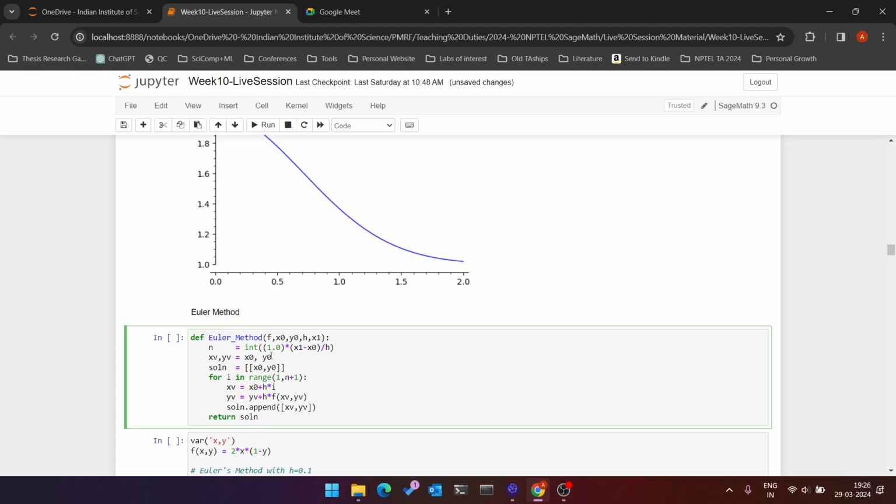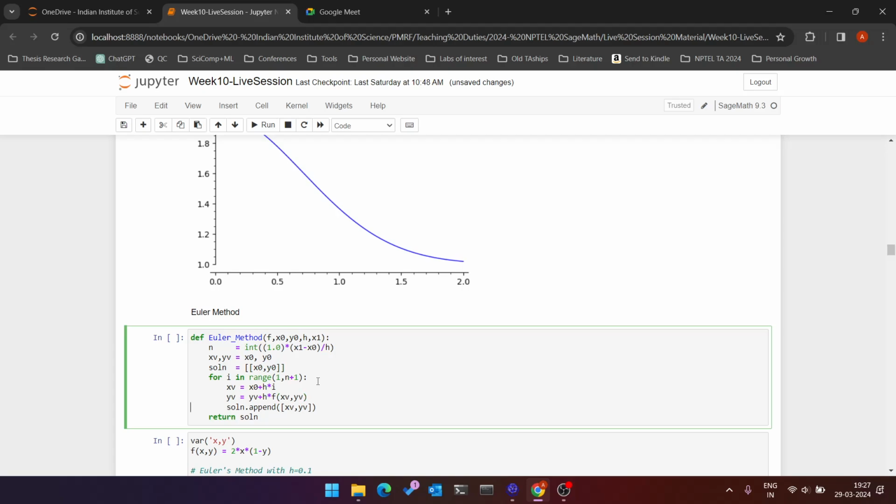Next we have for i in the range of 1 to n plus 1. So this will cover x going from x0 plus h all the way till x1. We define the x variable as x0 plus i times h, and the y variable as y variable plus h times f of x variable comma y variable.